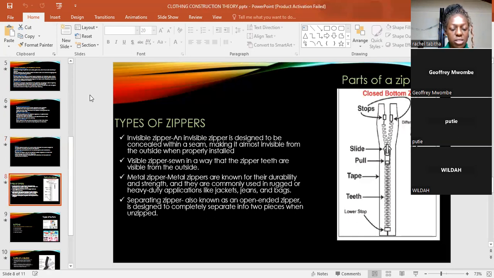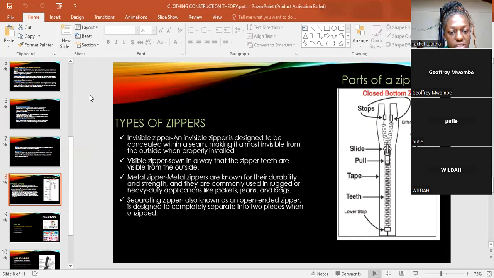There is invisible zip, visible zip, metal zip, and separating zippers. Invisible zips are usually applicable on garments like dresses. An invisible zip is designed to be concealed within a seam, making it almost invisible from the outside when properly installed.